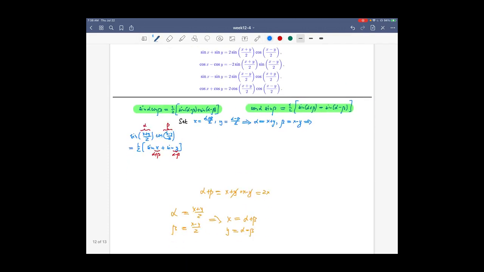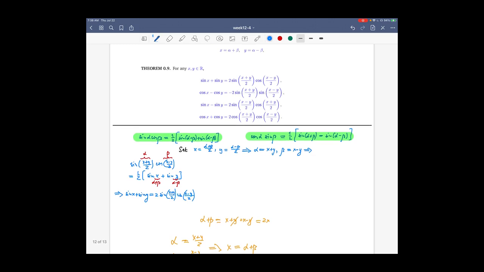In other words, if we multiply this by 2, sine x plus sine y equals 2 sine x plus y over 2 cosine of x minus y over 2. That is this formula.